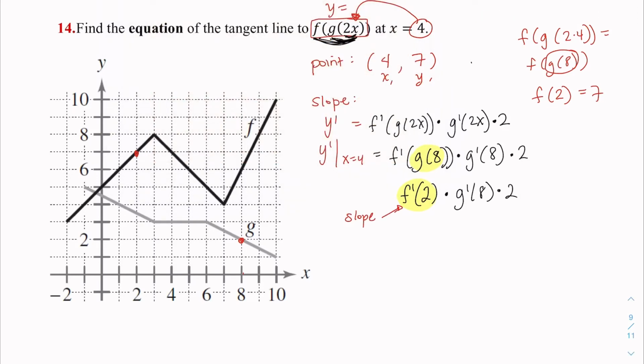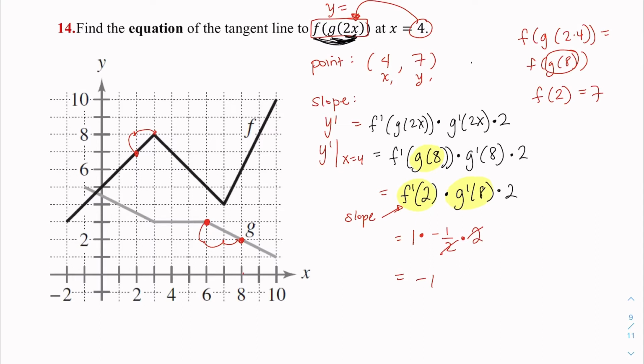At 2, the slope of f, I'm going to use just counting, it's rise 1 over 1. So the slope would be positive 1. And then g prime of 8 is the slope of g at 8. Let's count. That's down 1 over 2. So that's going to be negative 1/2 times 2. And we find that the slope at x equals 4 is negative 1.